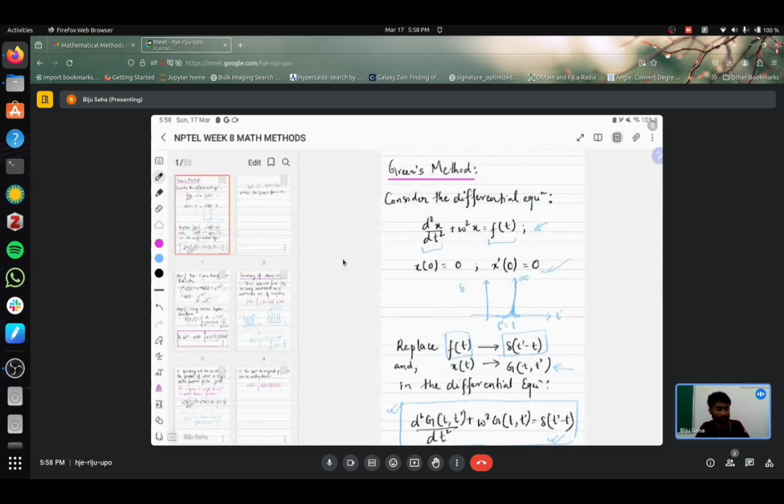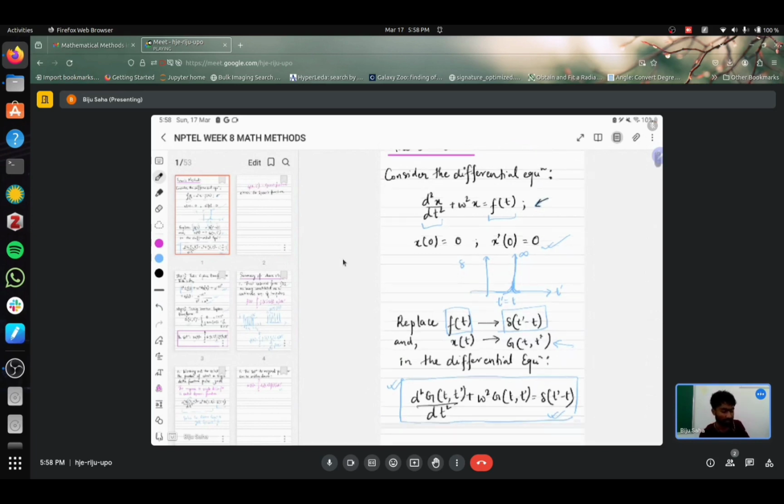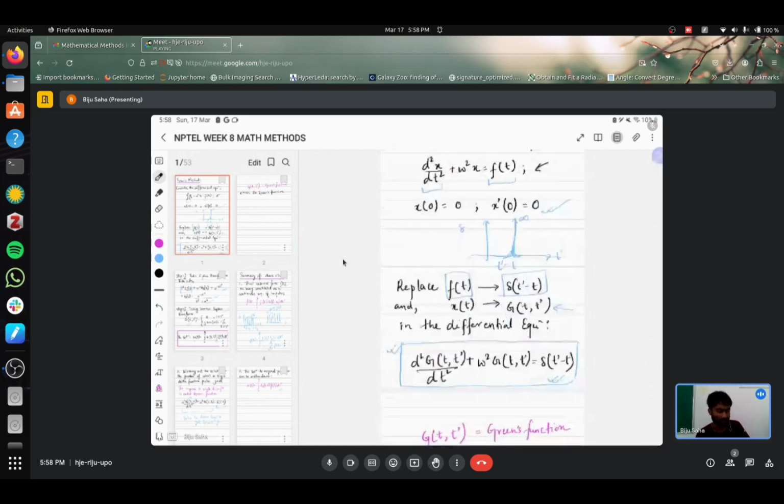The second order differential equation considered in the first example was of this form. The method we proposed to solve it is: consider a differential equation where x is replaced by the function g, where g is the Green's function, and the right hand side is replaced by the Dirac delta.